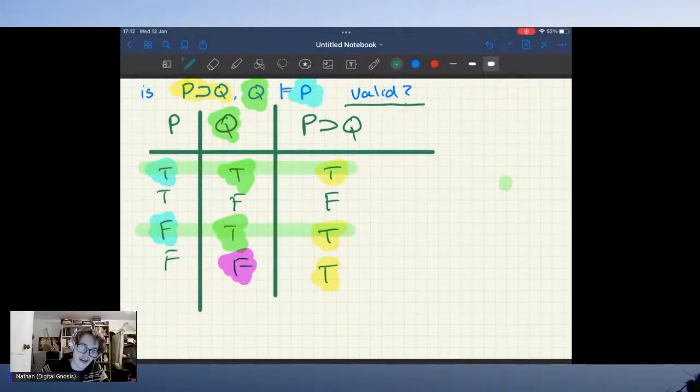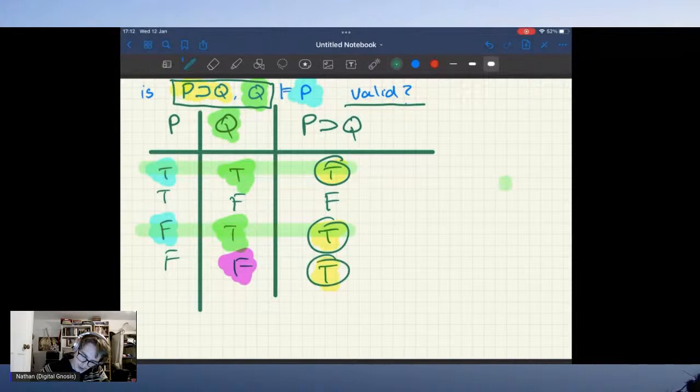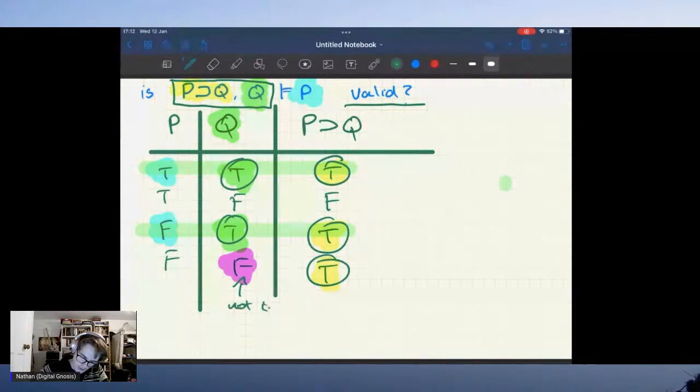And the answer is no, because the truth of the premises, P then Q and Q, is what we were hunting for. So we're hunting for true premises, and that's why we eliminated that one, because it's not true. So we eliminated our fourth structure.